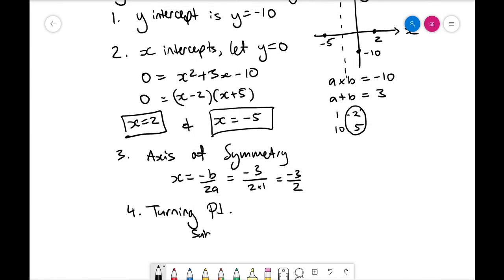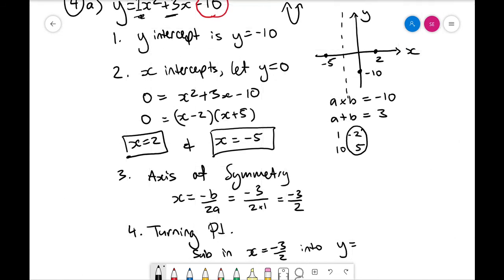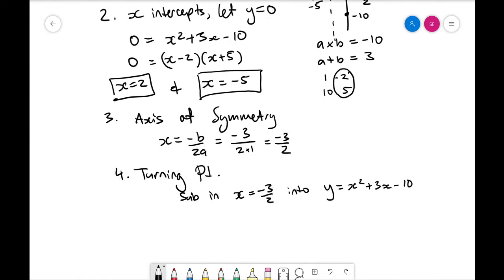So we sub in x is equal to minus 3 on 2 into our quadratic, which is y is equal to x squared plus 3x minus 10. So that'll give us y is equal to minus 3 on 2 squared plus 3 times minus 3 on 2 minus 10.